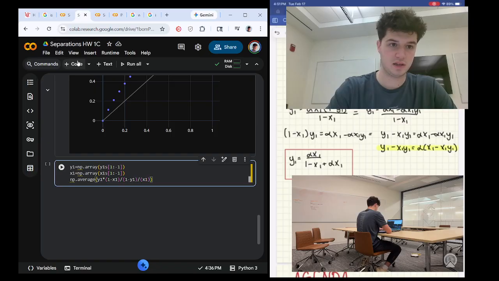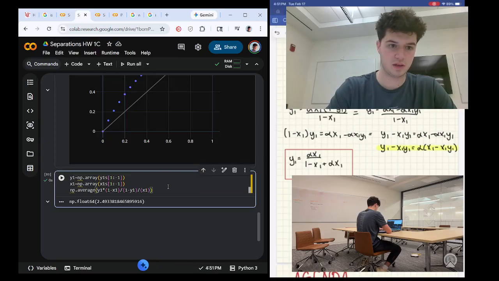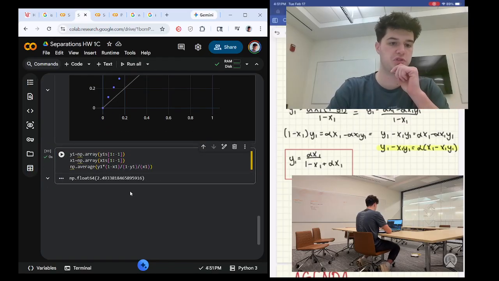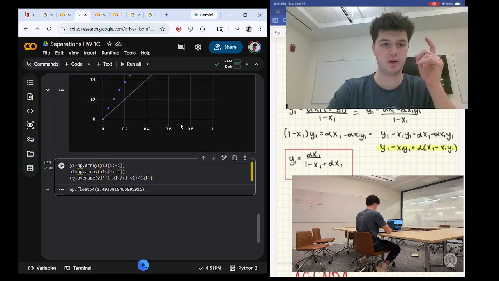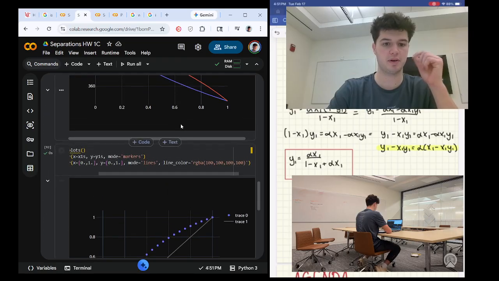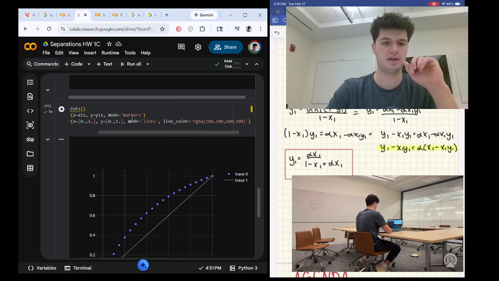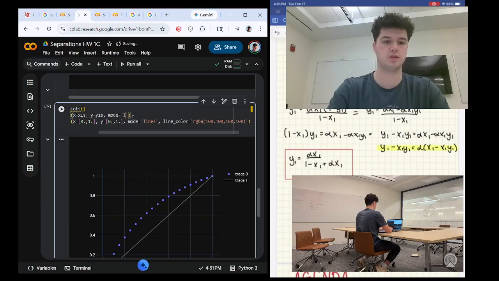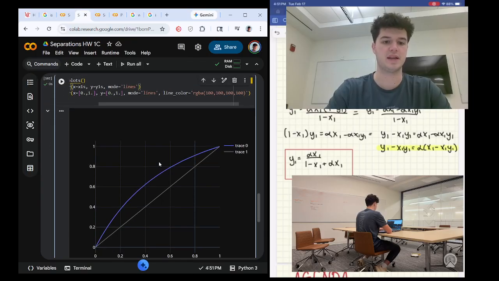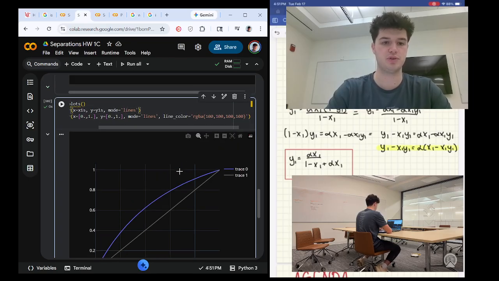And let us see if that runs correctly. So now we have our value of 2.49. And what we're going to do is take this value and input it above here. I remember saying earlier, I want to make this a line and not just markers. So we'll first change this to lines, and then we'll run all. Okay, now it's an actual line. I like that better. You can do whatever you want, but that's how I'm going to do it.